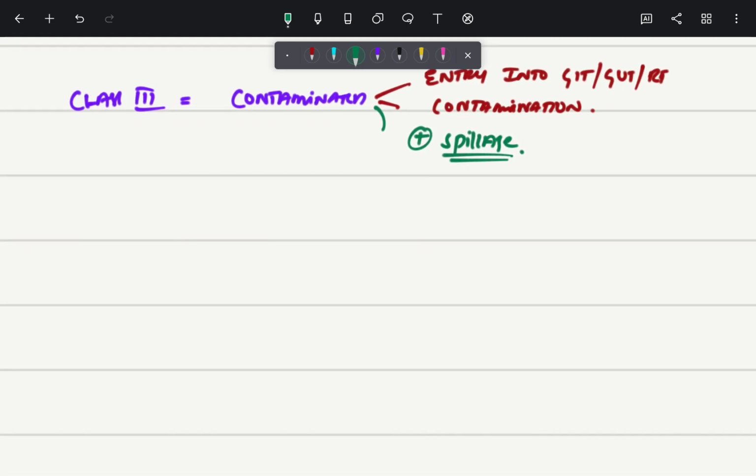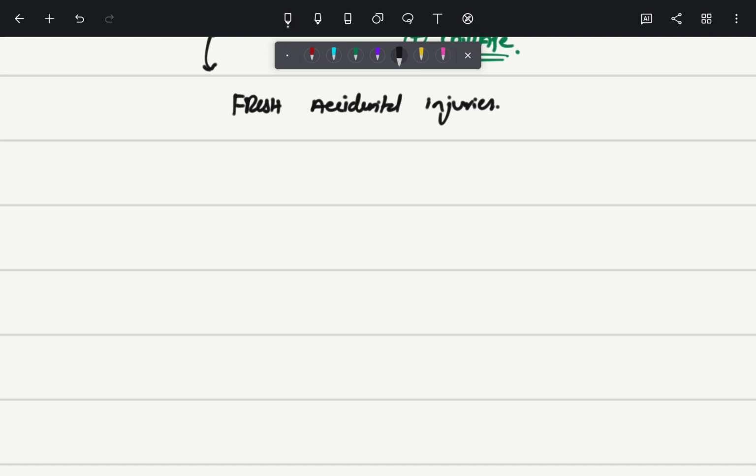Okay, now the most important thing also here is these types of wounds are considered fresh, accidental injuries. Now, what is meant by this? Imagine a person is going on a bike and this person is going nearly 100 kilometers per hour.